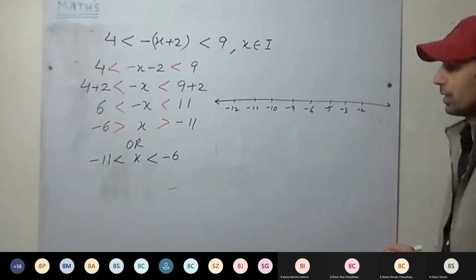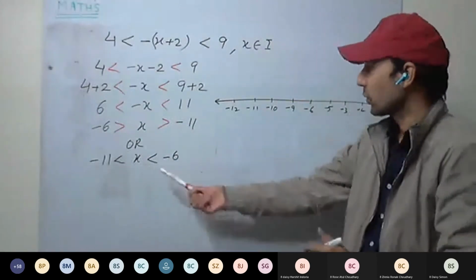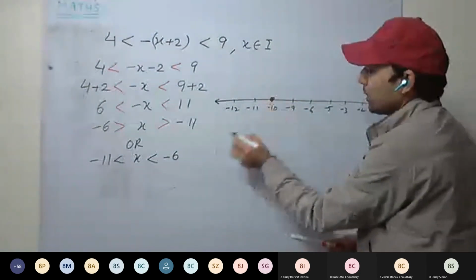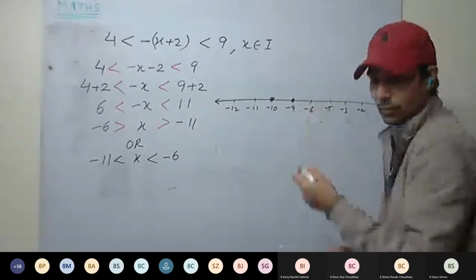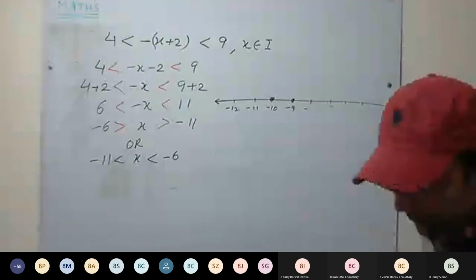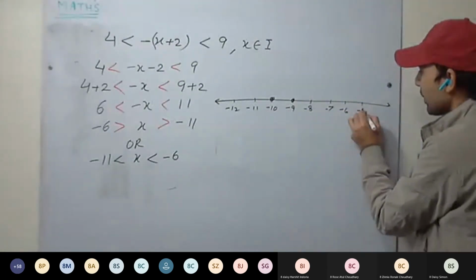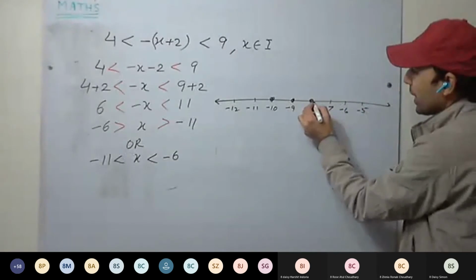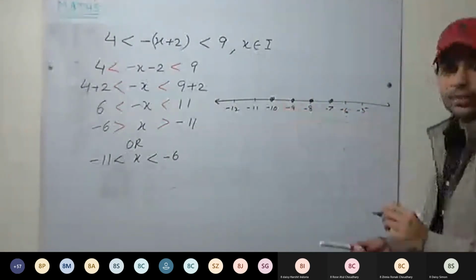That is fine. Now, minus 11 is not included, so minus 10 will be the answer. Minus 9. Okay, 8 and 7 I forgot. Minus 8, minus 7, minus 6, minus 5. This will be the answer.